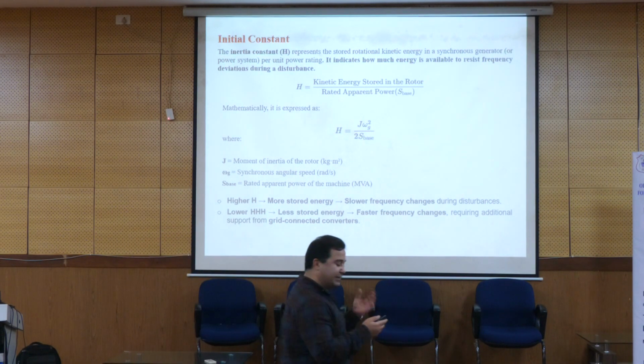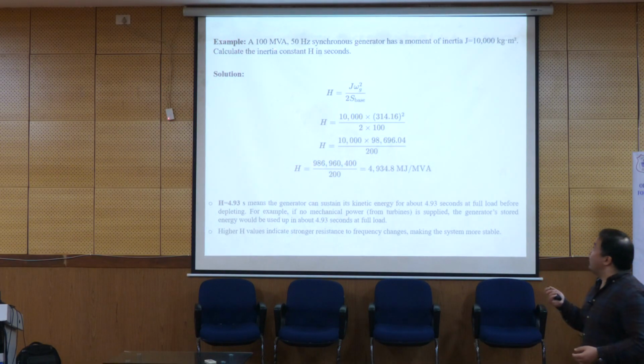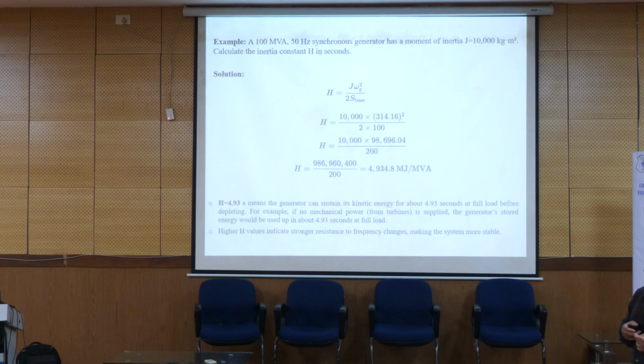Okay, let's see in the next example. We have a 100 megavolt-ampere machine, whose frequency is 50 hertz and which has a moment of inertia of 10,000 kilogram square meter. Now we are going to calculate the inertia constant in seconds. I will give the material to you.